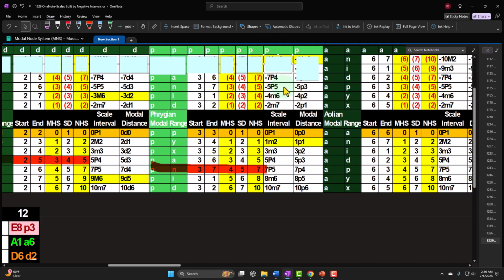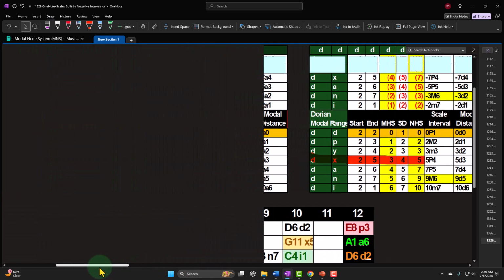Negative 7 note away perfect 4th, because going forward would be a 5 note away perfect 4th. And I'd rather call it a negative 7 note away from the Phrygian, negative 4th modal half step, because going forward or clockwise would be 5 note away from the Phrygian, 3rd modal half step going forward.